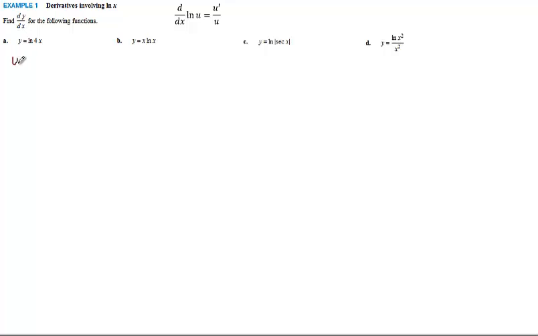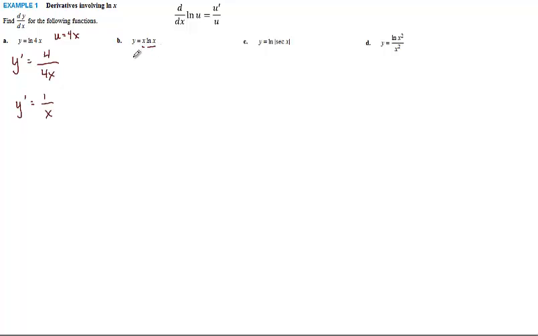So let's play. Y prime equals, note here that u equals 4x. So I have the natural log of u. U prime would be 4 over u, which is 4x. Y prime in this case is 1 over x. Perfect. The next one involves the product rule.